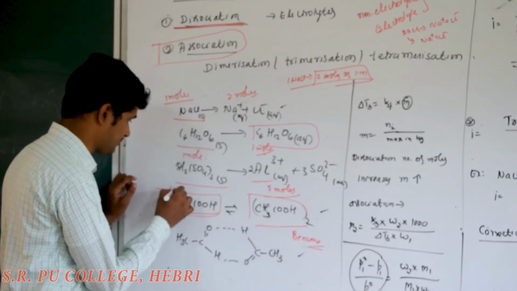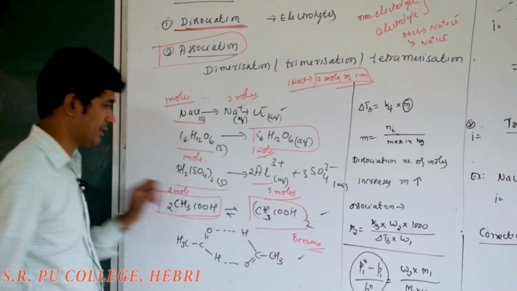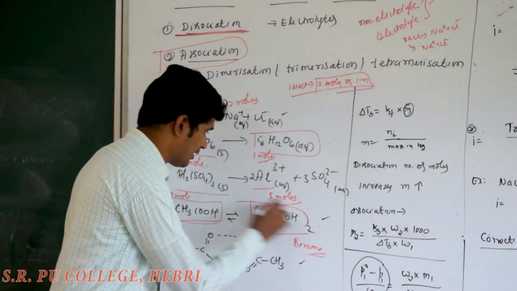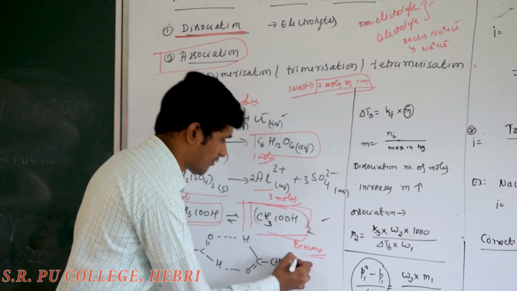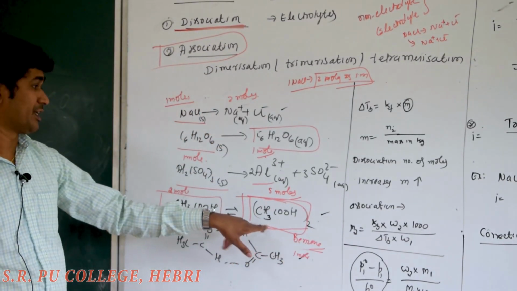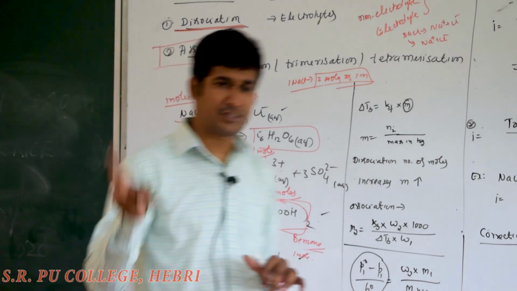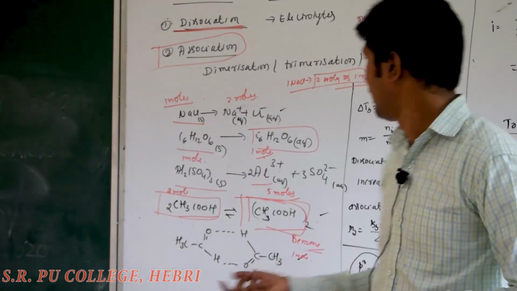If I put 2 moles of acetic acid into benzene, at the end of the preparation of solution I get only 1 mole of acetic acid, due to association. So dimerization means 2 moles associate to give 1 particle.